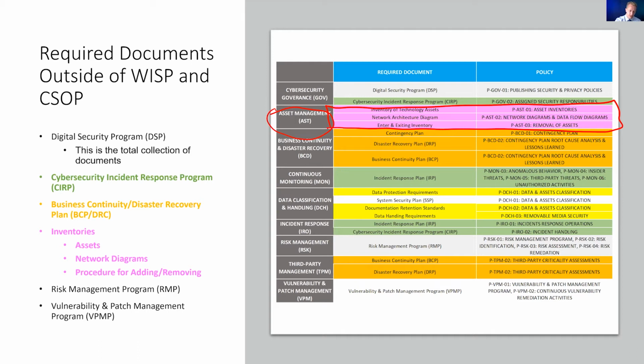This other one, our business continuity and disaster recovery plan, is a larger document which many of us updated a number of years ago, and we may have up-to-date ones, or ones that we're already working on. But we're going to want to sit down and really review those and ensure that they're meeting the requirements of the procedures in this CSOP document.